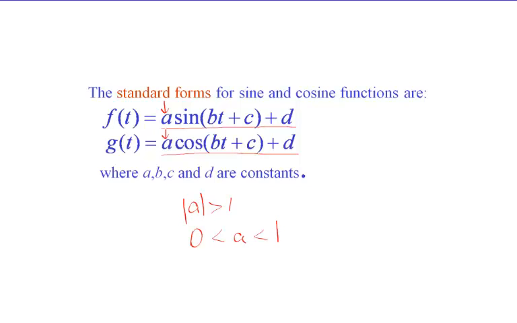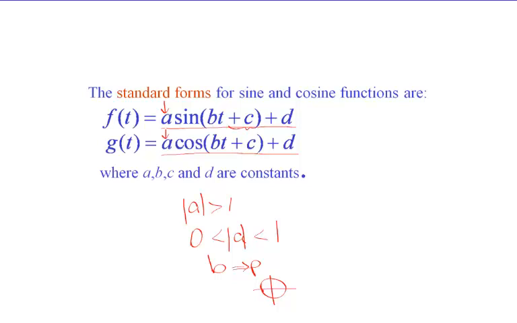And again, we're only concerned with the magnitude of A. B affects the period, how quickly we go around that unit circle and pick up those sine or cosine values.